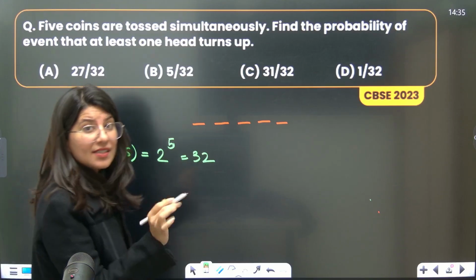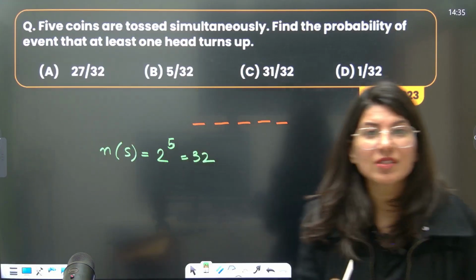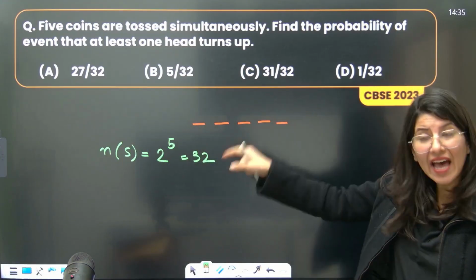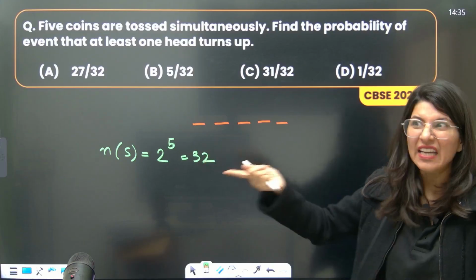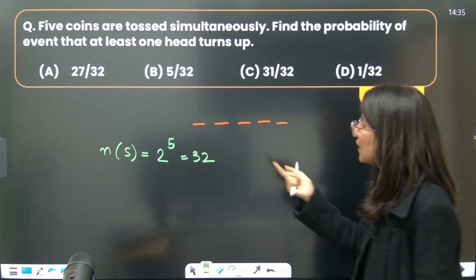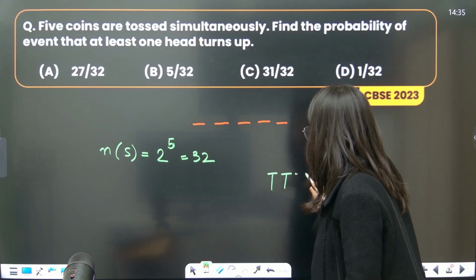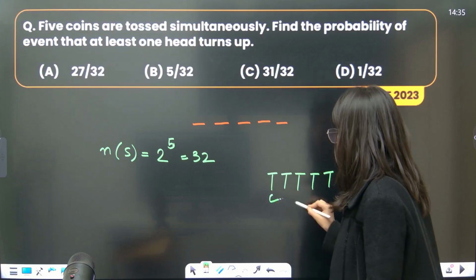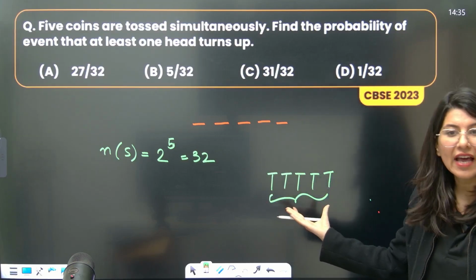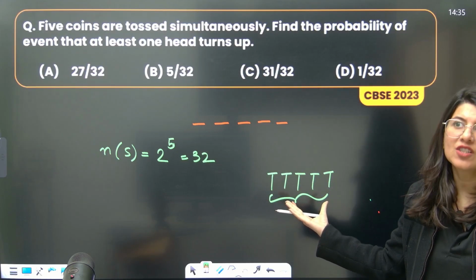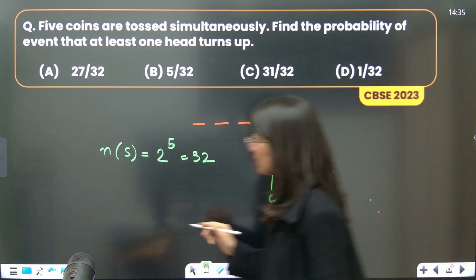In which, 31 outcomes will be those which have at least one head. Obviously, there will be just one outcome which will be all T, no head. So there is just one outcome with all T. That means no H.